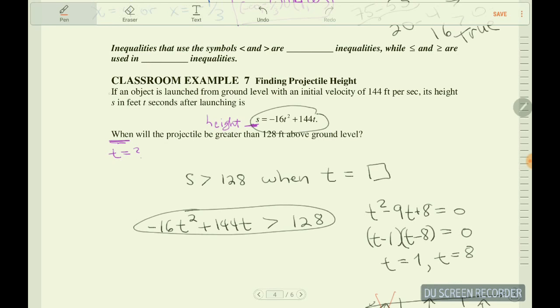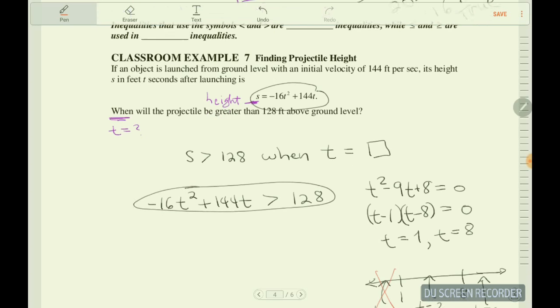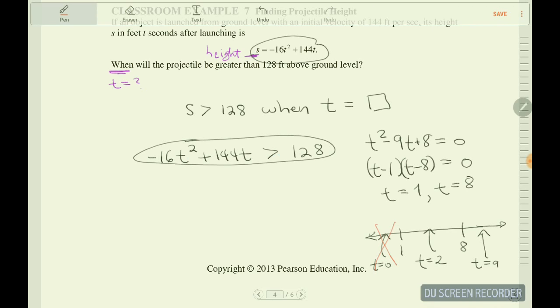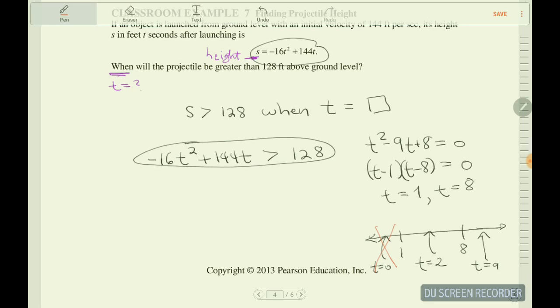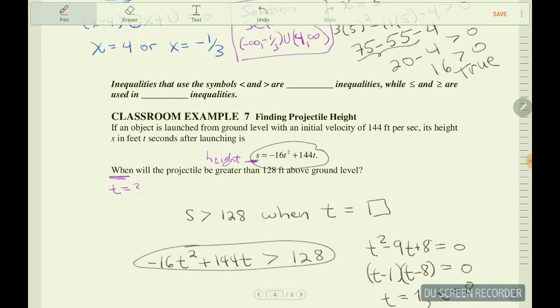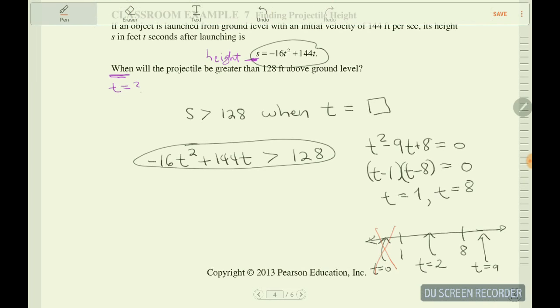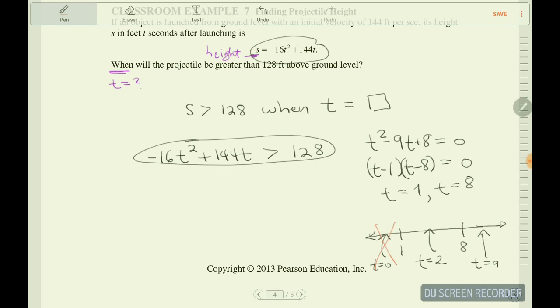And this whole thing is about an object being launched from ground level. So t equals 0 means it hasn't even been launched yet, so it would be completely pointless to even consider t equals 0. Mathematically it works out that it's not a section we're going to use, but we could have figured that out just from the nature of the problem. All right, so then we're just really interested in t equals 2 and t equals 9.